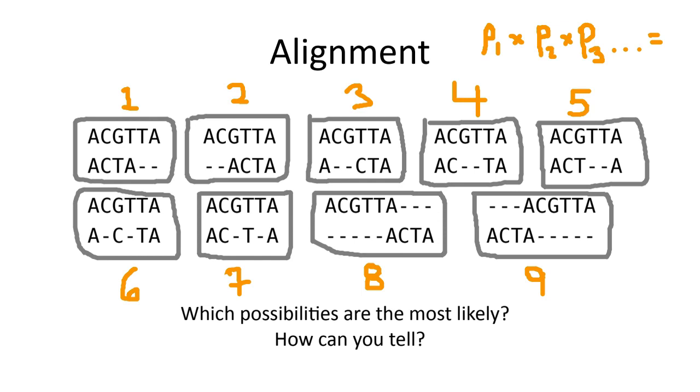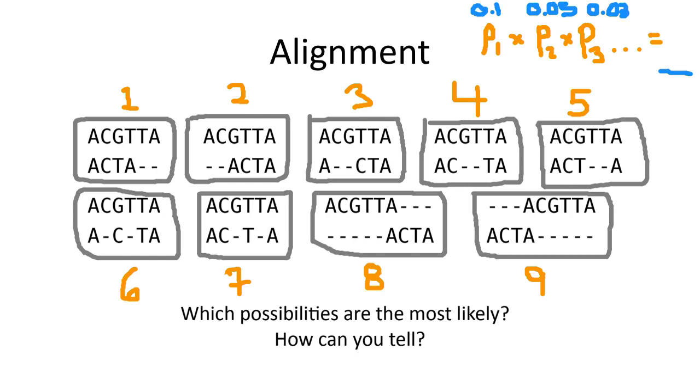If you want to think about this in terms of numbers, maybe this is 0.1 probability, maybe this is 0.05 probability, maybe this is 0.03 probability. Every time we add in an additional mutation, an additional probability, what's going to happen to the overall probability?